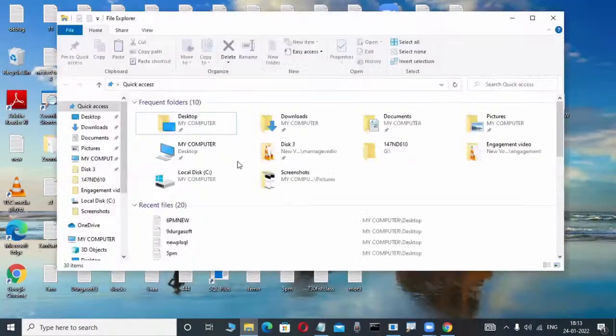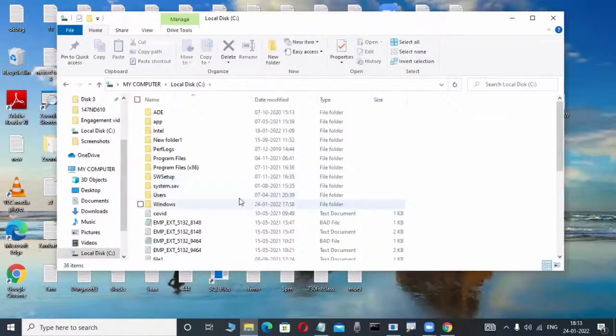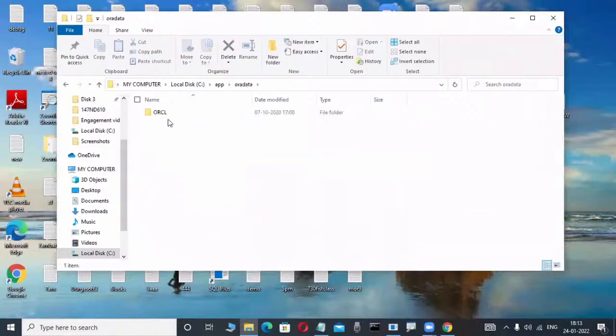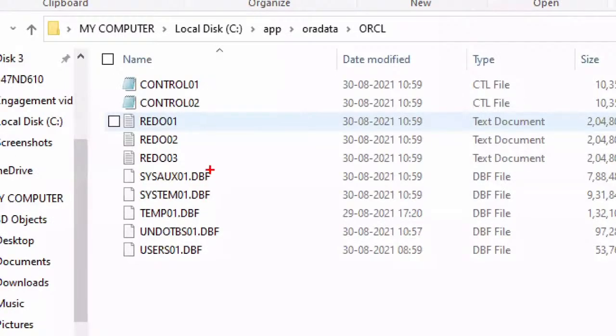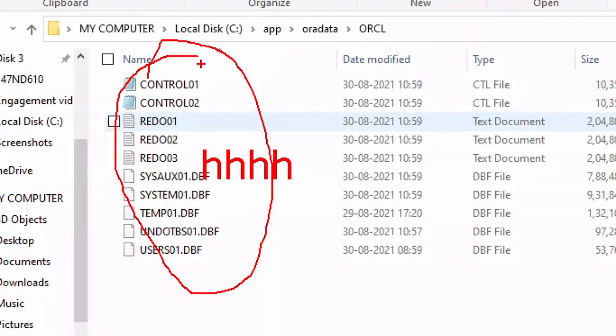I'm installing Oracle on my system; how you install Oracle we will learn in the next classes, don't worry. In the C drive, your table is not available. Whatever table I create is not visible in the C drive or D drive.